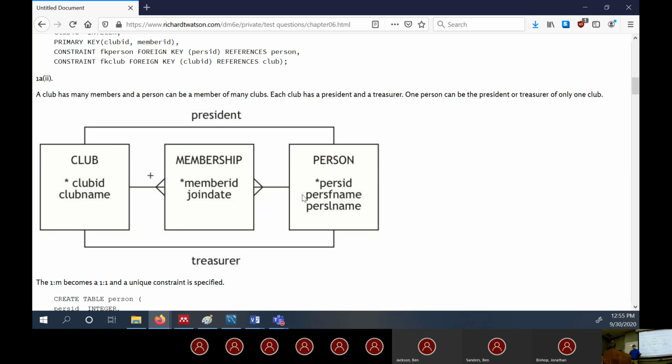Could you be a leader of another club as well? Certainly could. So would this be a logical data model where you can only be the president of one club or you can only be the treasurer of one club? Probably doesn't make a whole lot of sense. So how can we fix this? Anyone have any ideas for how we could fix these relationships?